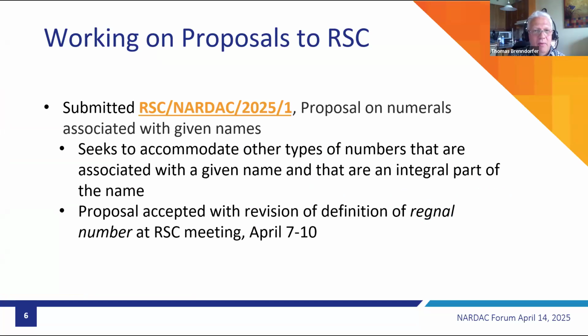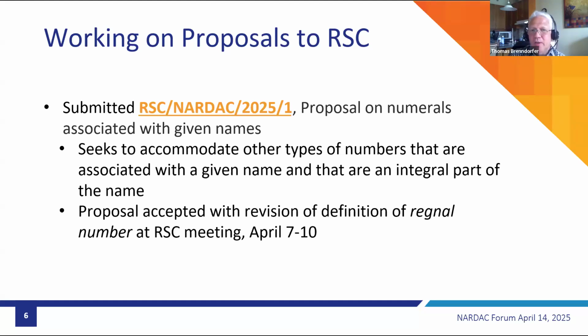That was a proposal on the Roman numerals that are associated with names in the instructions, and the concern was that that's a problem because Roman numerals is a convention that's very Western in focus and very Anglo-American in focus.